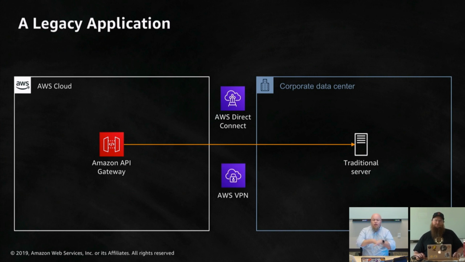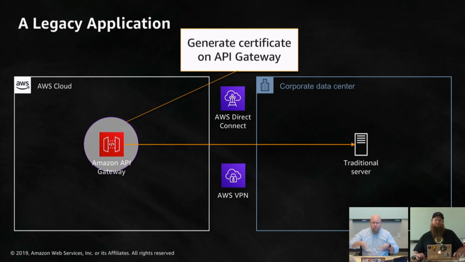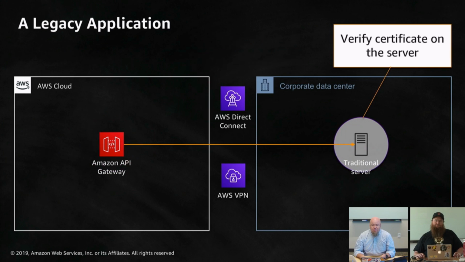But even if you're not using these, there's also a way to verify that the request you're getting comes from the API gateway or the entity you're expecting. The way you can do that is with a certificate. You can generate a certificate on the API gateway, and then verify the certificate on the server. And Bob, I know you're going to show us an example, but walk us through what this means.